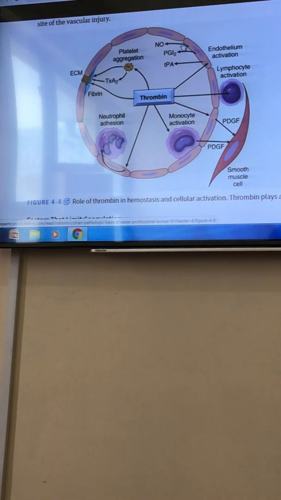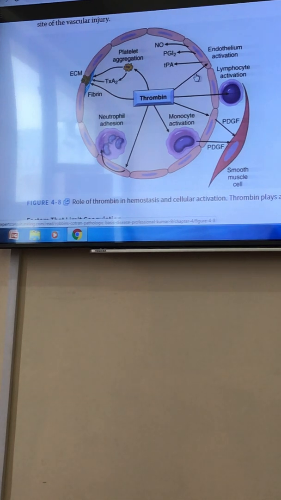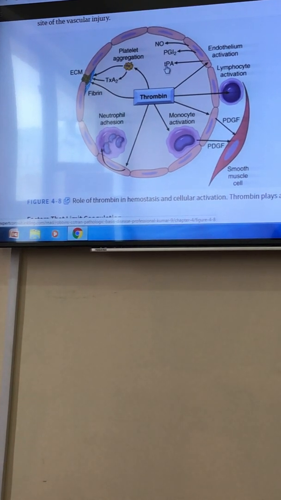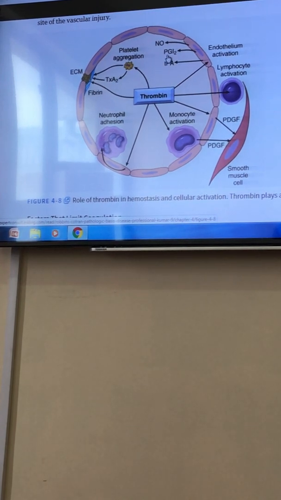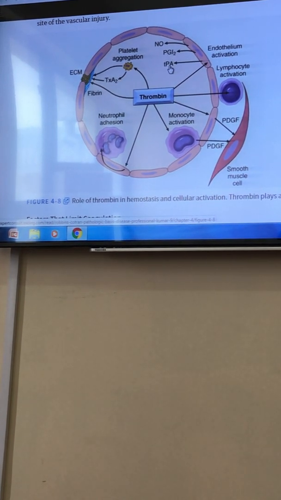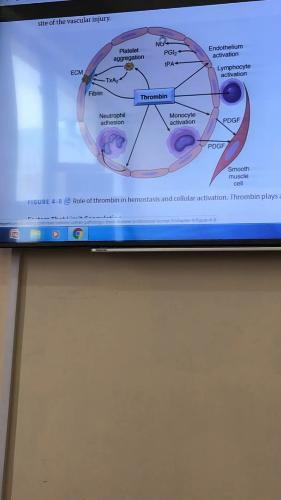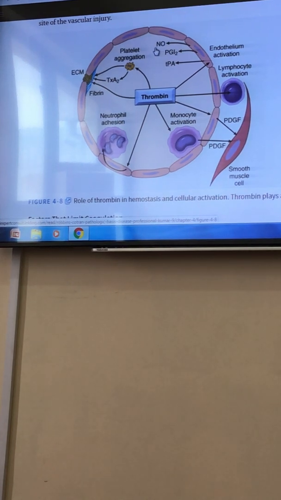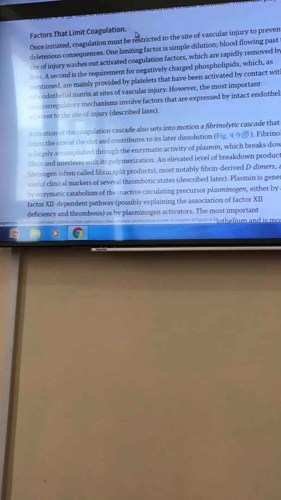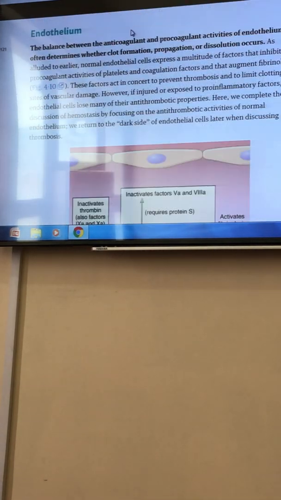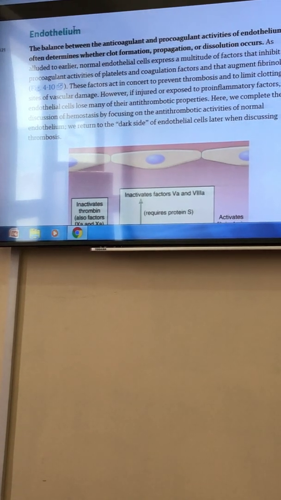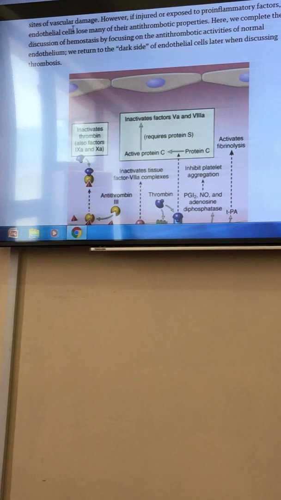Thrombin, by activation of endothelial cells, makes them release some molecules that have fibrinolytic and anticoagulant effects: tissue plasminogen activator, prostaglandin I2, and nitric oxide. This is a free radical which is also a vasodilator. So, a healthy endothelial cell is important to control the hemostatic clot.